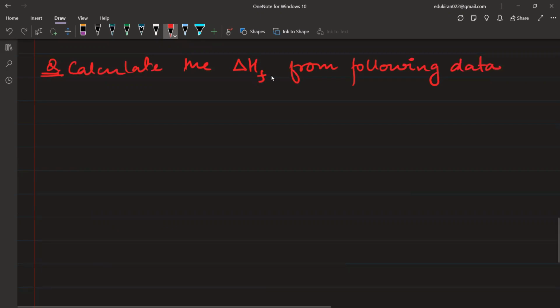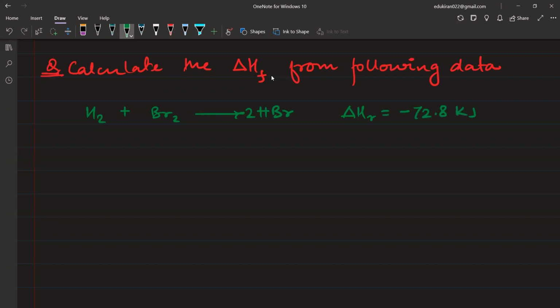The data is H2 plus Br2 gives you 2 moles of HBr. And the enthalpy of this reaction is given out to be minus 72.8 kilojoule per mole. ठीक है, enthalpy of reaction क्या दिया हुआ? Minus 72.8 kilojoule per mole.